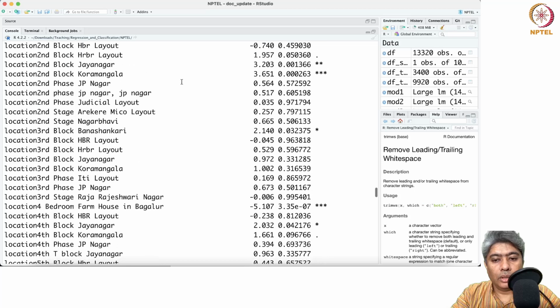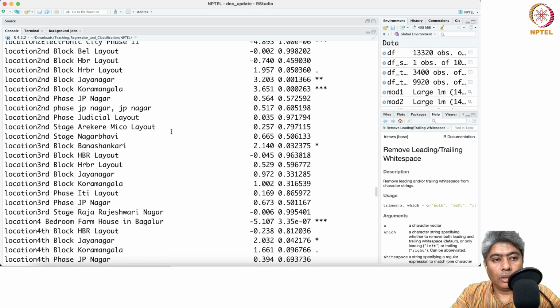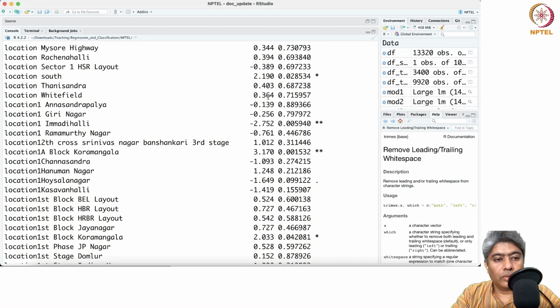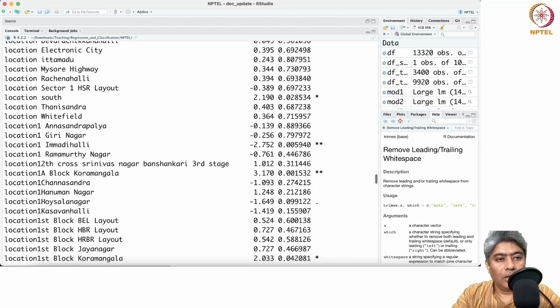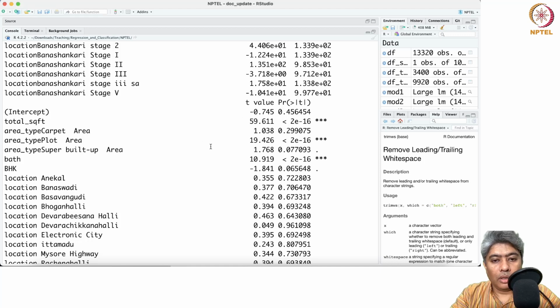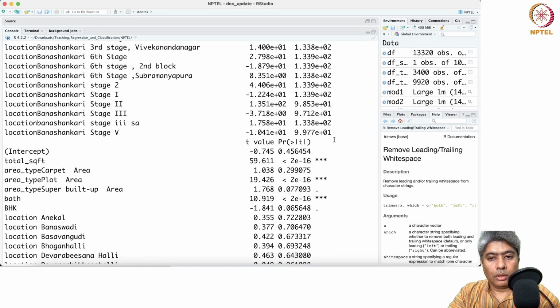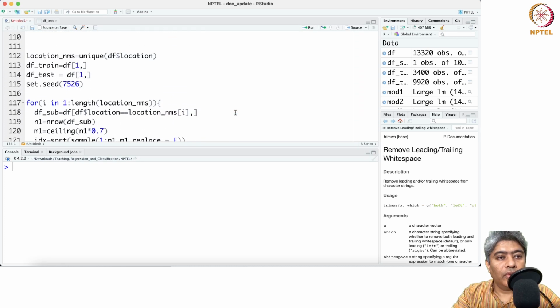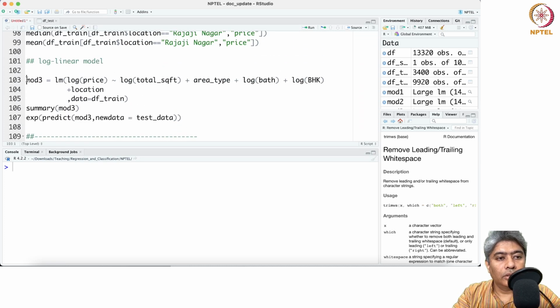Jayanagar, Koramangala has a very high p-value. Alright, so we will see what is happening here. Okay, and then finally we will take the third model and we will see what is happening here.